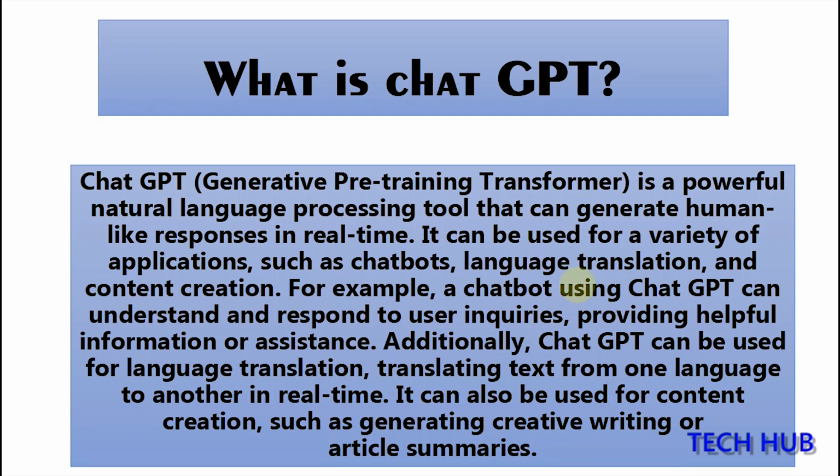Now that we know what ChatGPT is, it's time for us to learn how to access and use ChatGPT in real time. Now we are going to our browser. Whether you are using Windows or Mac OS, you can access your browser. First, we'll come into our browser and type openai.com.